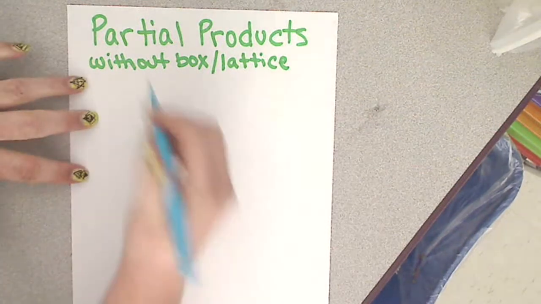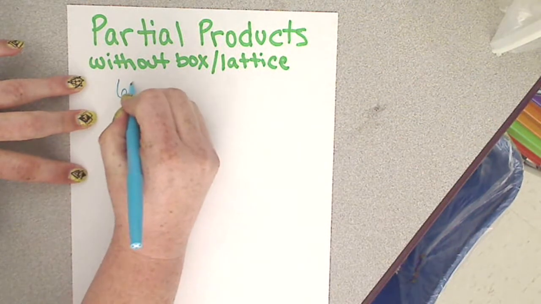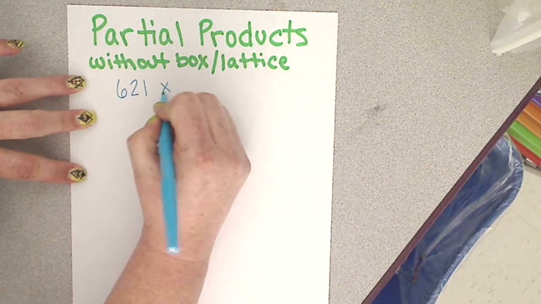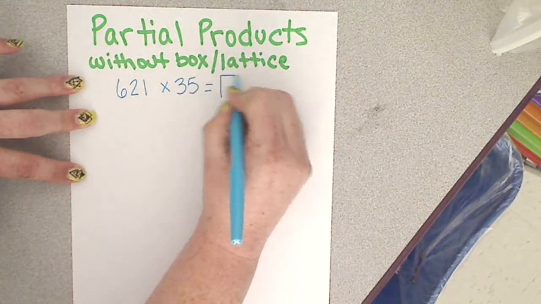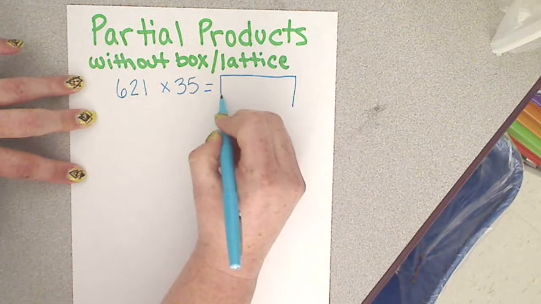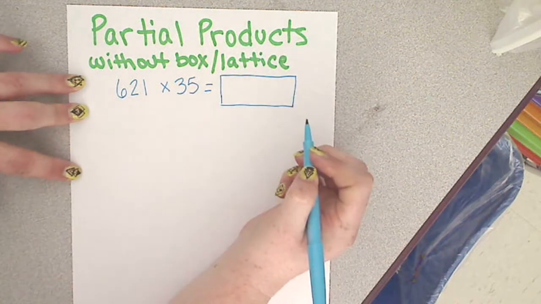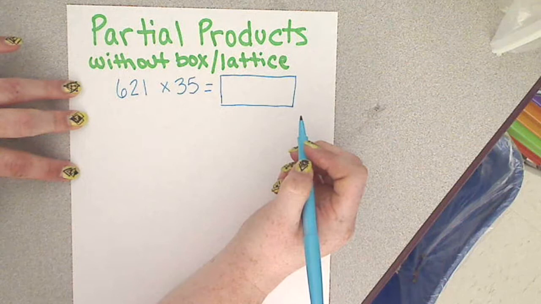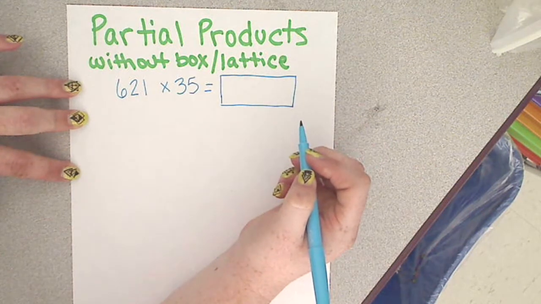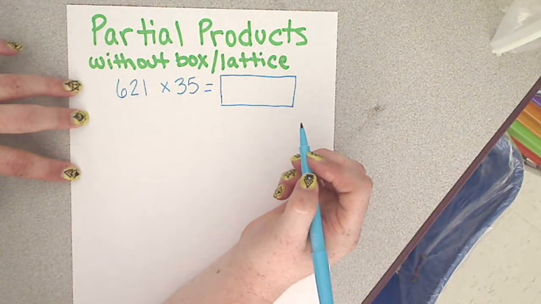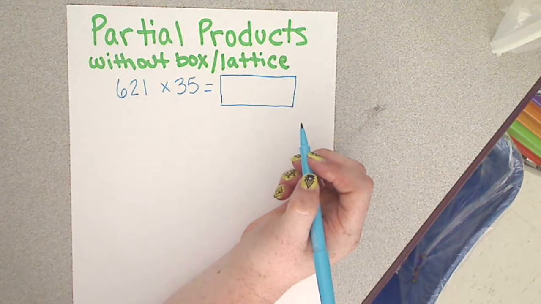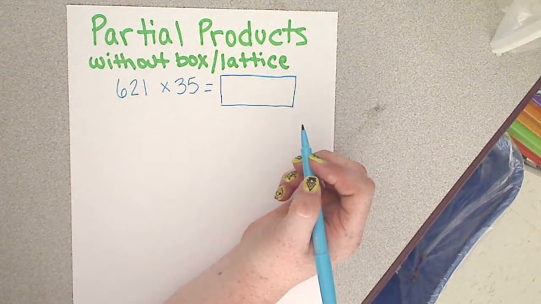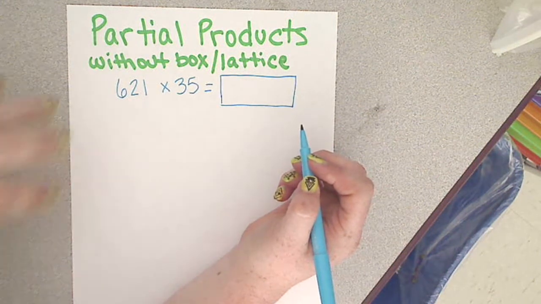We are still working with the problem 621 times 35 equals a product. This is where expanded form is going to help you. And this is also where that understanding of order of operations and PEMDAS and seeing things in a different way is going to come in handy.